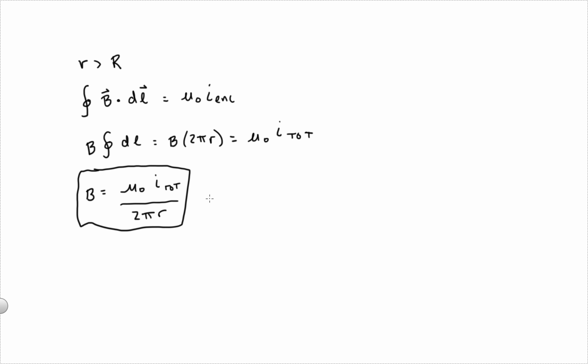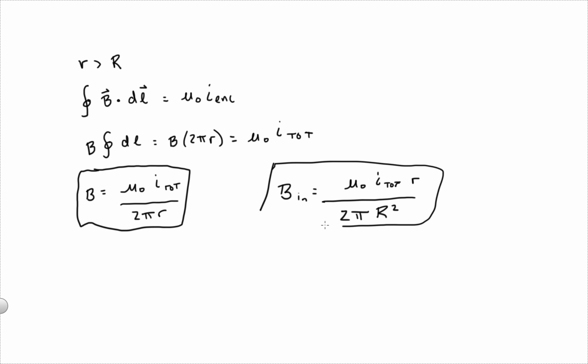Now, if we compare that outside term to what we got inside, which was mu naught I total times r all over 2 pi times big R squared, you can see that at little r equal to big R, these two terms end up being the same.